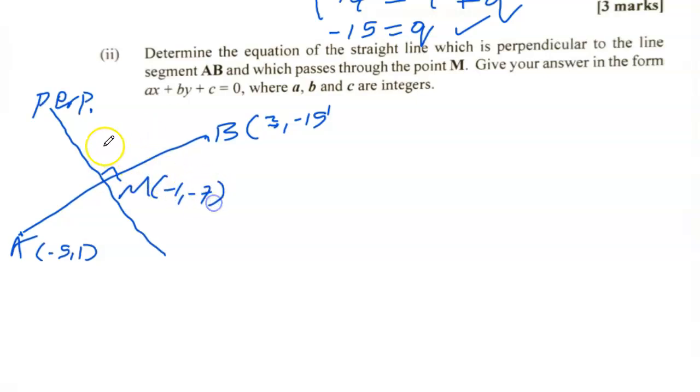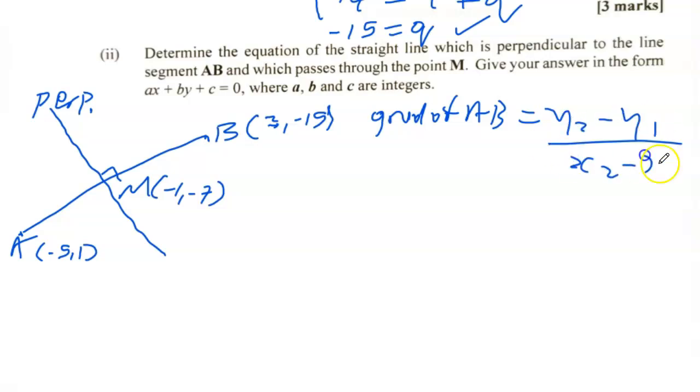So we first need to get the equation for the perpendicular line to AB. We need the gradient of AB. Remember, the gradient can use the formula y2 minus y1 over x2 minus x1. Remember, we had called this x1, y1, and we had called this x2, y2.